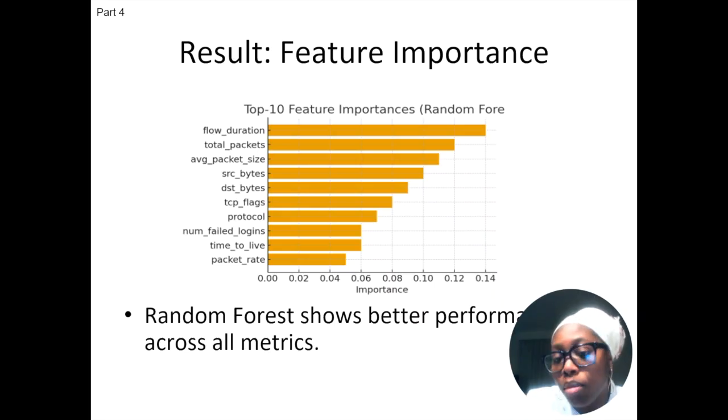These are the top 10 features, as seen on my screen, that were important to that model. However, the flow duration, the total packet, and the average packet size were the top 3 most important features that the random forest model used for its prediction.